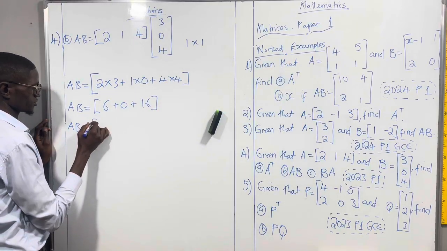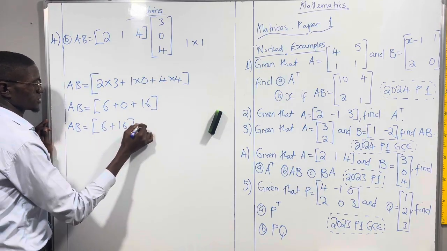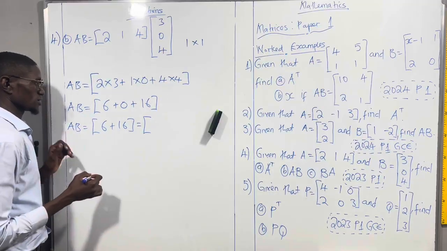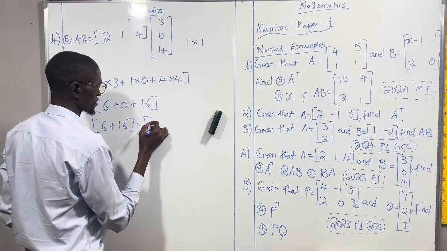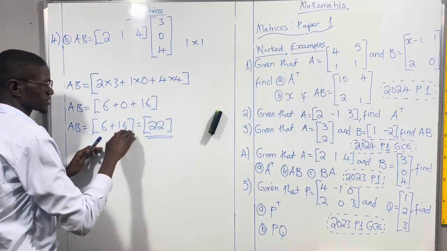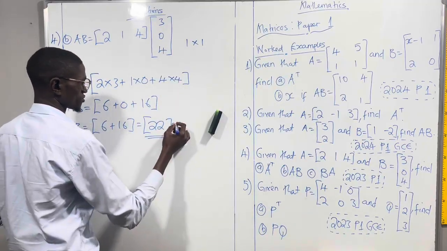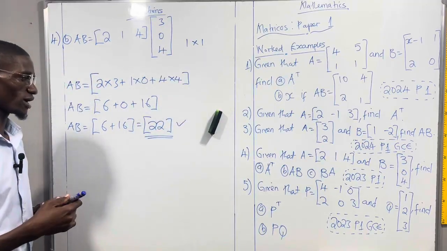AB is going to be equal to 6 plus 16. 6 plus 0 is what? 6. 6 plus 16, that should give us 22. So this is a 1 by 1 matrix, 1 row, 1 column. That is what we had there. So it simply means we are okay.